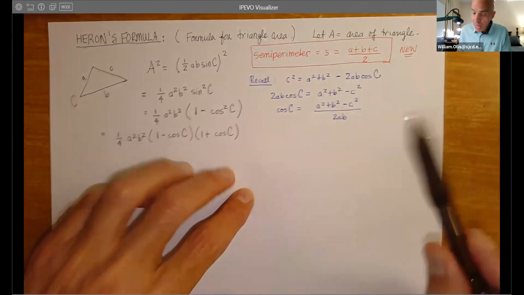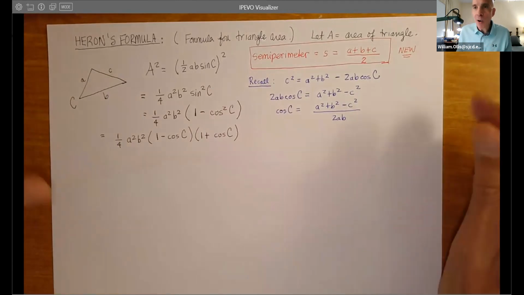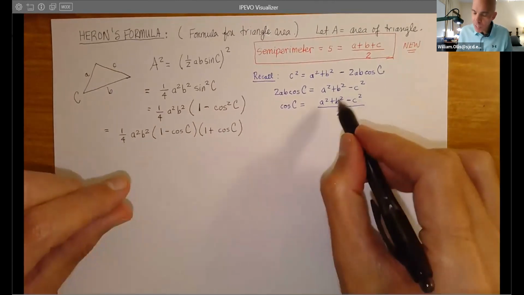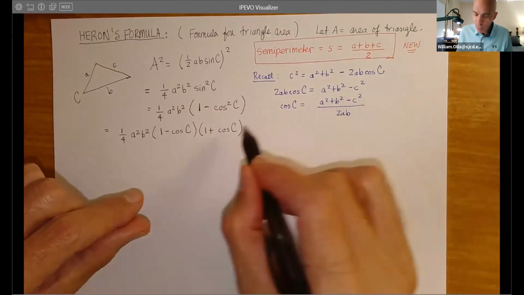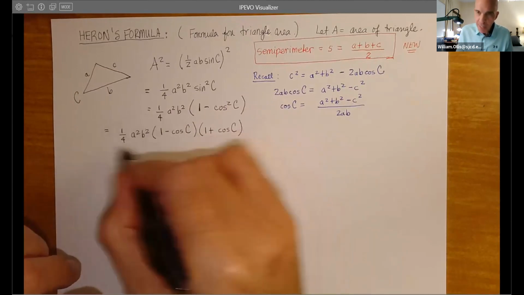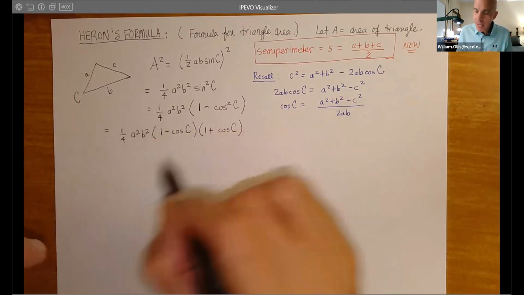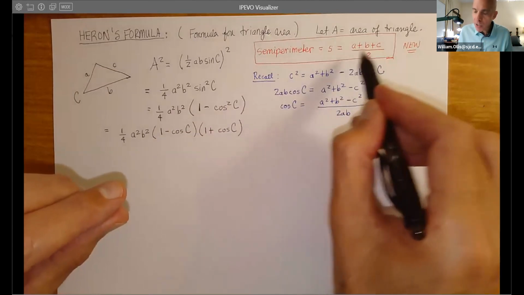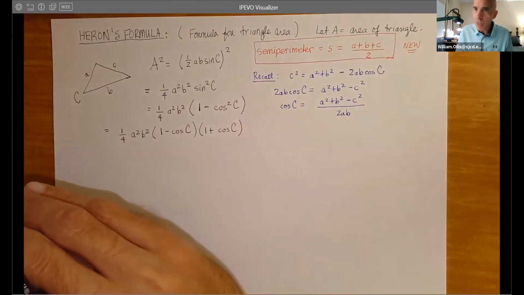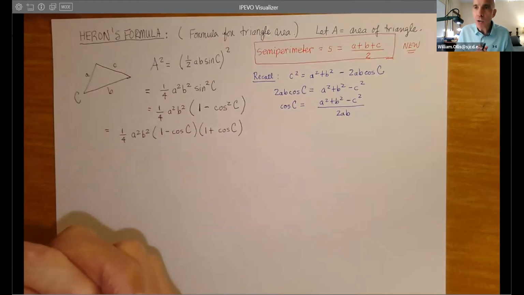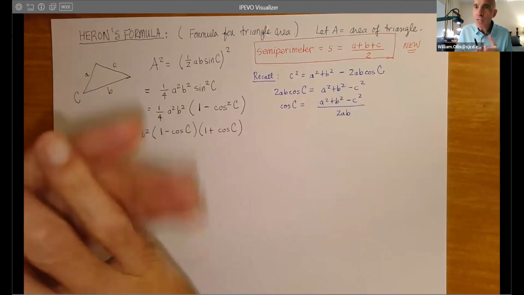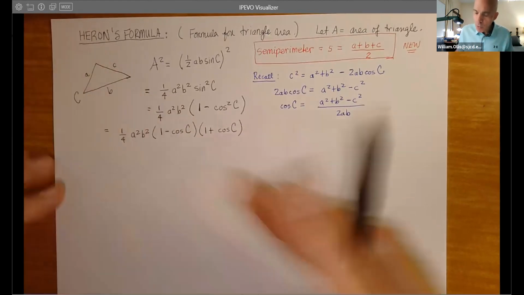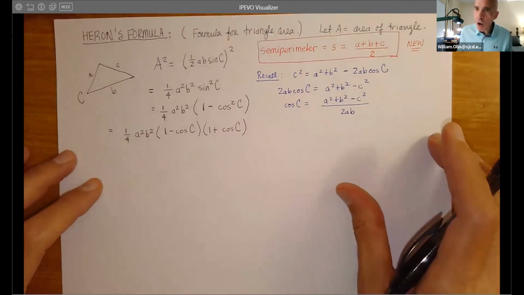Now you're starting to see, oh, I get it now, because we just have A's, B's, and C's when we replace cosine C, and everything is in terms of A, B, and C, and then we'll somehow find a way to move this into the formula. So now we're basically writing an equation that only involves the lengths of the sides. So again, this is a corollary of the law of cosines.